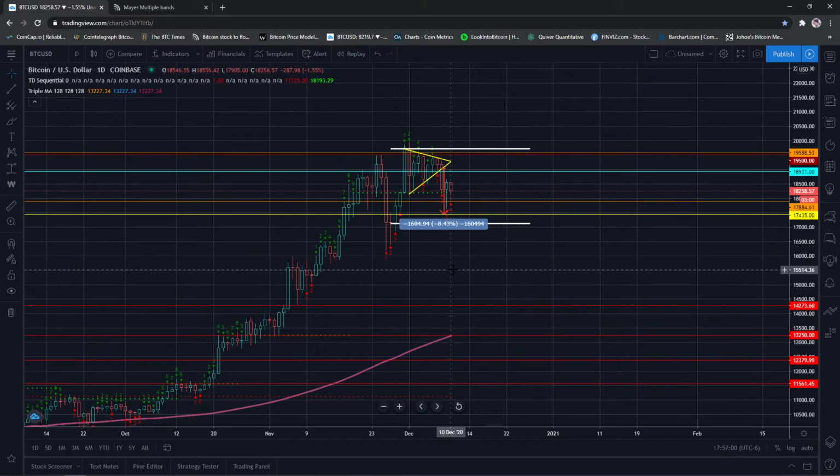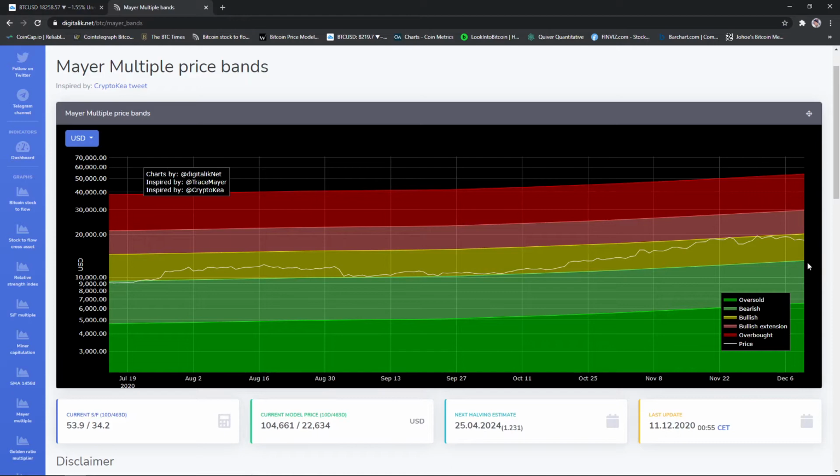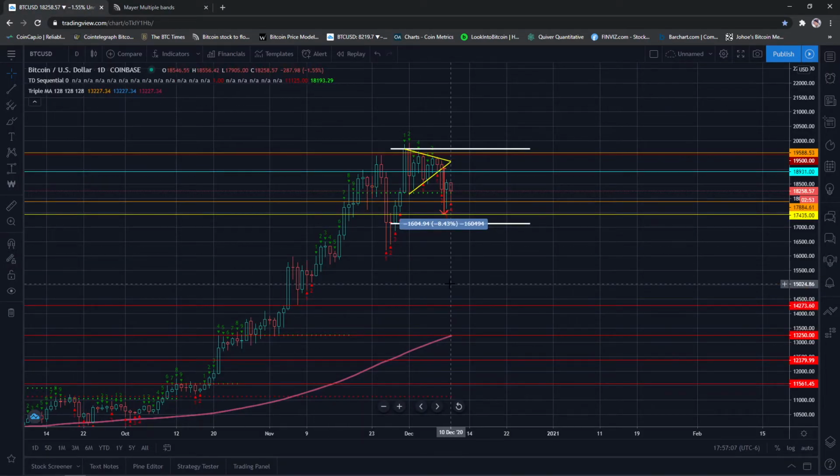But the 128 is all the way down there, 13,227. This is almost there, 13,120. I don't think, we'll see. You can't always say it's never going to go there because it possibly could, but we'll see how it goes.